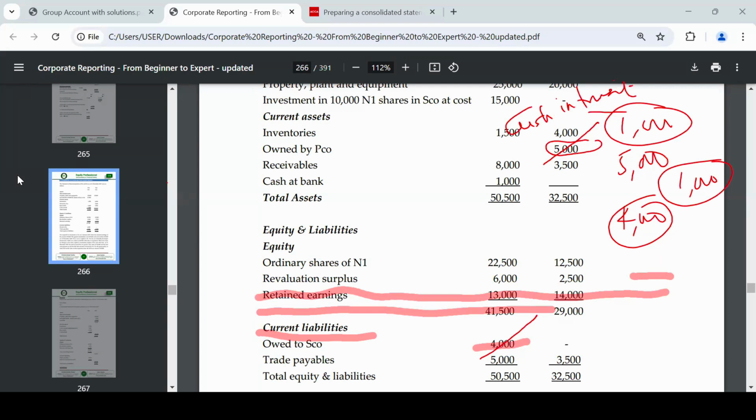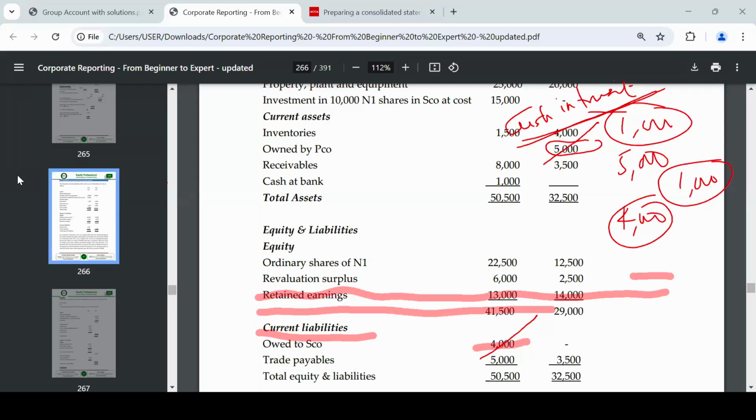It is because of this reason that it will form part of my consolidation, because in the book of ESCO, this 1,000 naira has not yet been settled. So it will still show in my consolidated statement of financial position, but it will be under a line called cash in transit. Okay. That's that about that.